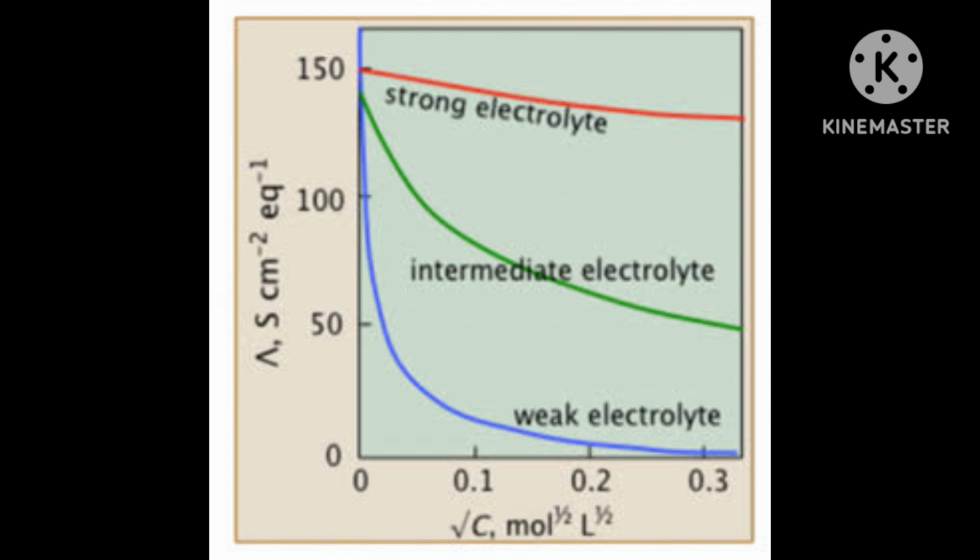Now the unknown solution you will take, as for example NaCl solution. Its value you are not knowing. Then this experiment again the second time you have to do, but this time the cell constant value you are knowing, and the R value will be determined for this solution by following the same experiment.